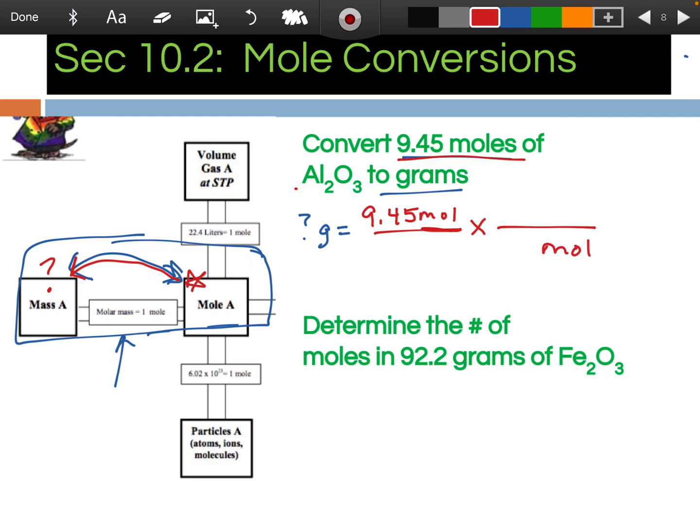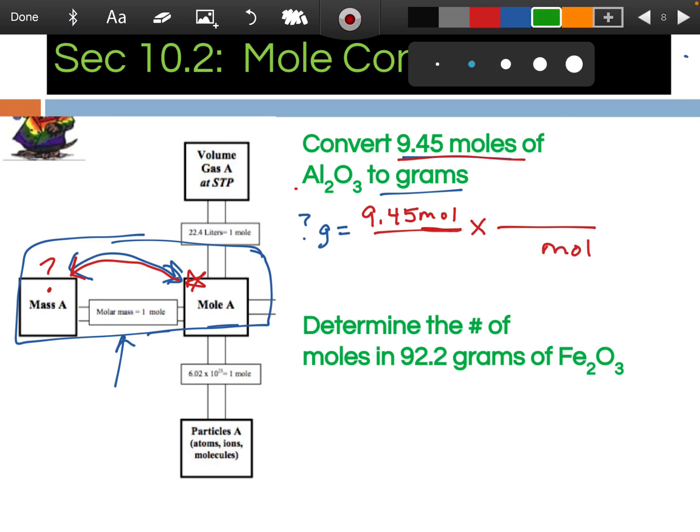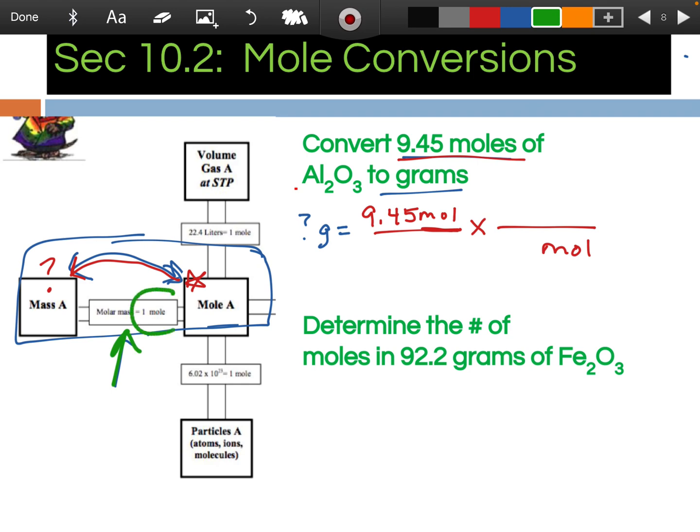If we know that we're using this process from moles to grams, we know that this is my conversion factor. If moles is on the bottom, the number 1 goes with the unit mole. Whatever it's equal to goes on top. So molar mass is going to go up top. Molar mass we find from looking at the periodic table, so we have to add up the molar mass of Al2O3.